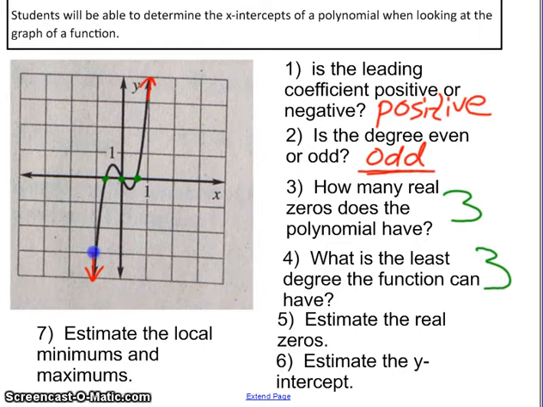Estimate the real zeros. Okay, I'm going to start from the one on the left. Well, it's got to be more than halfway between 0 and negative 1. Let's say that's about negative 0.6. All right, so we've got 1 zero at negative 0.6.